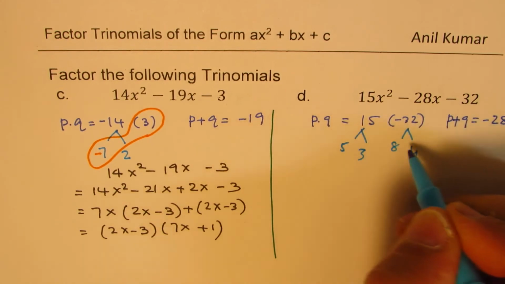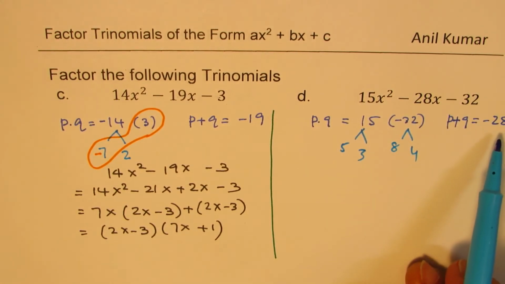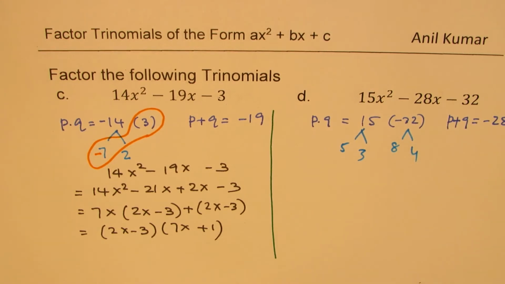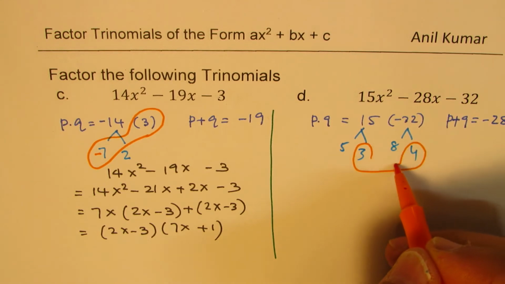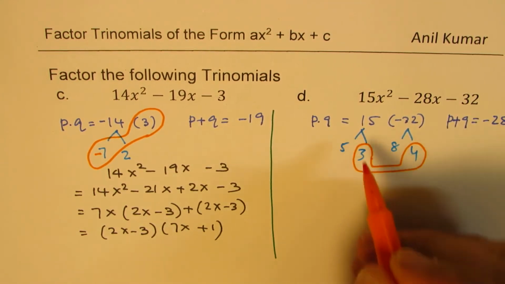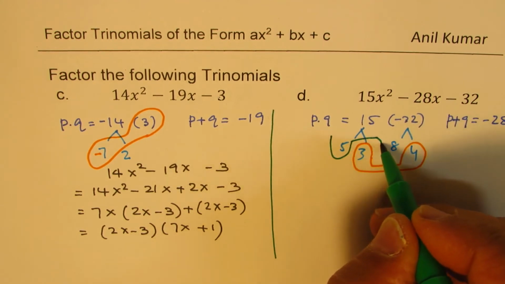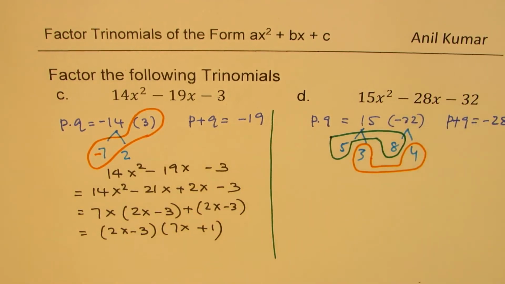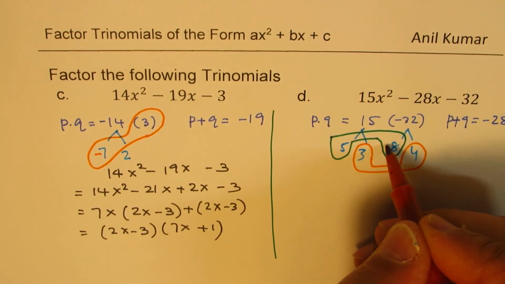Of course, one of them will be negative, right? We need 28. Now 28, how do we get that? Well, if I group this together, I get 12 and that will give me 40. And this combination will give me 28. Since we need a negative answer, we'll keep this as negative.